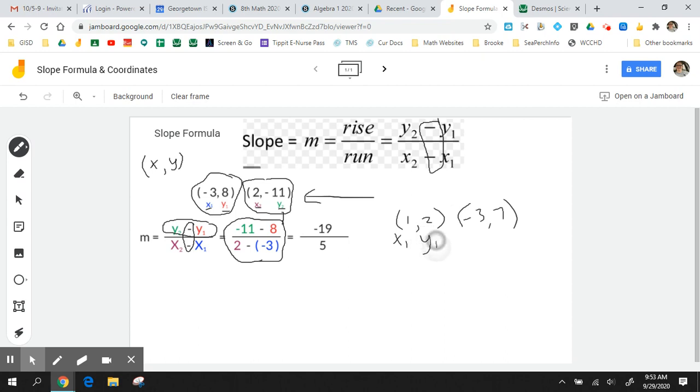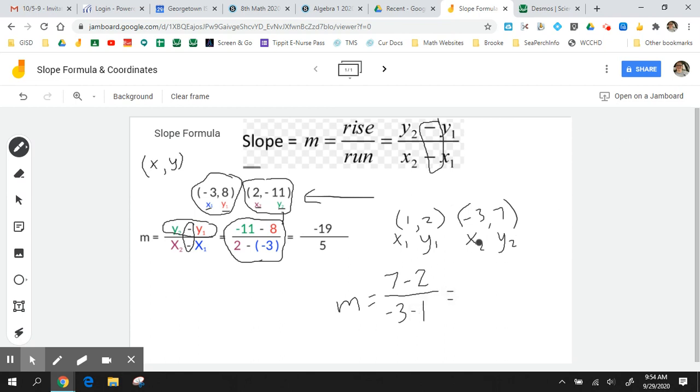So that's the x1 and the y1, and this is my x2 and my y2. So my slope formula says y2 minus y1 over x2 minus x1. First I'm going to draw my fraction bar line. y2 is 7 minus y1, which is my 2. And my x2, -3, minus my x1, which is 1.